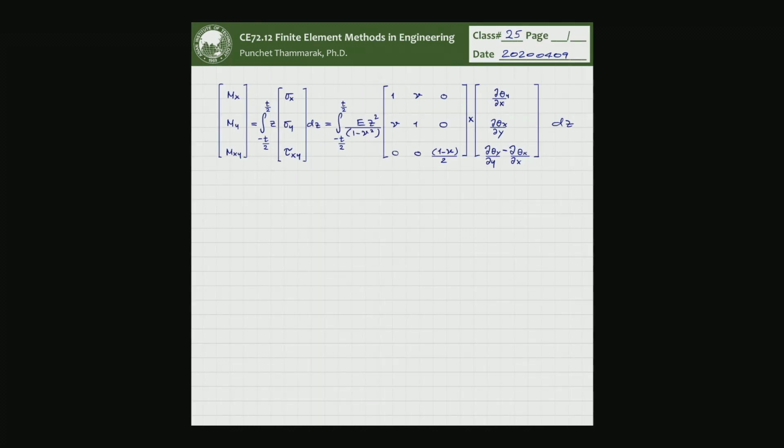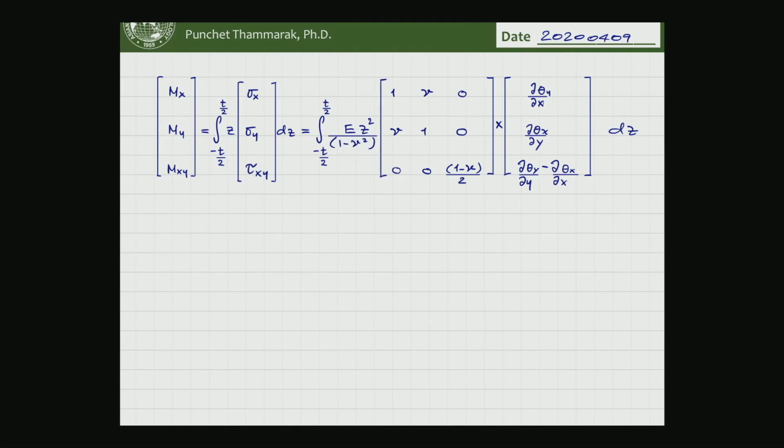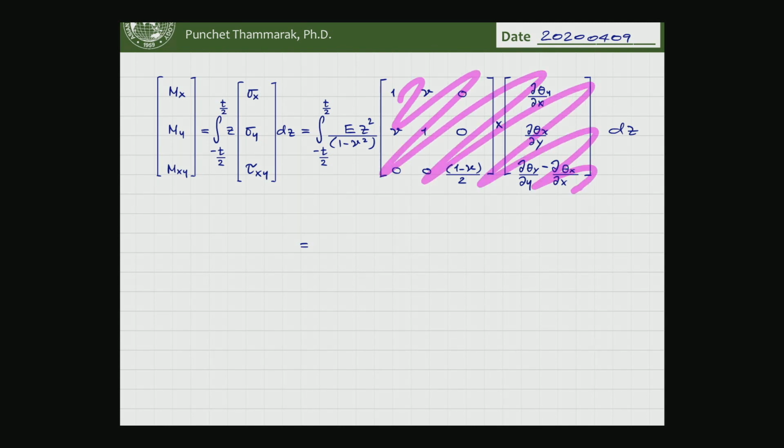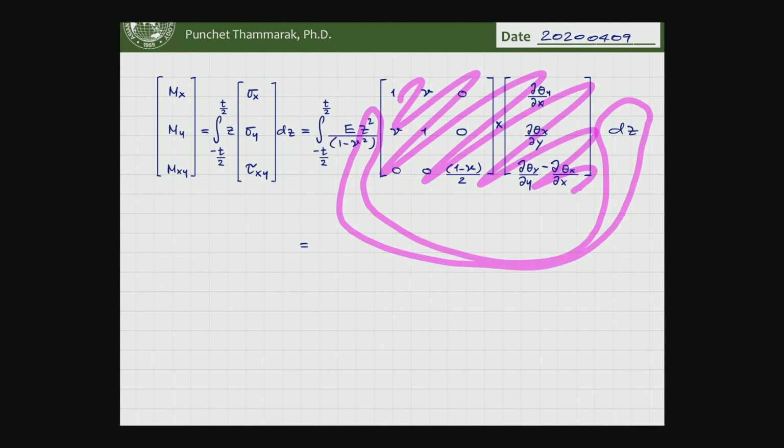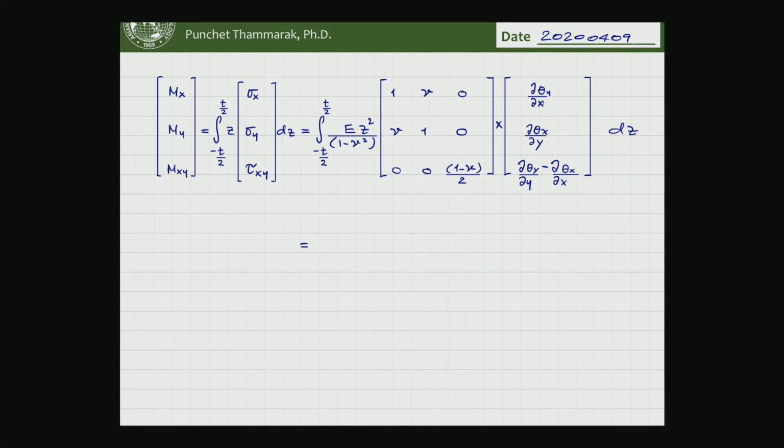It is very well packed, and we conduct the integration. The integration does not bother these terms in here. It just does something with the z squared. So the z squared part will be integrated, turns out to be z cubed, and when you have z cubed, you evaluate from minus t over 2 to t over 2.